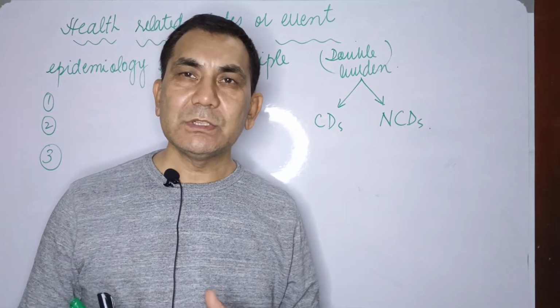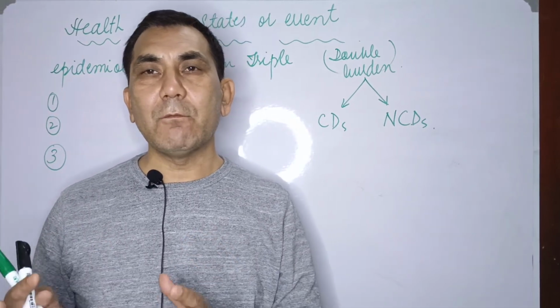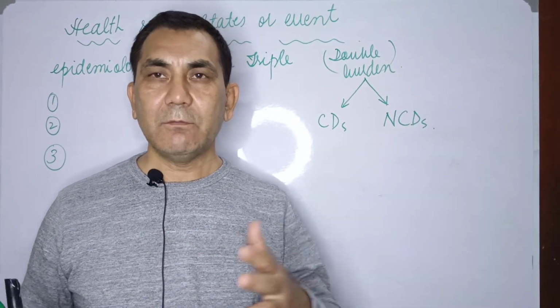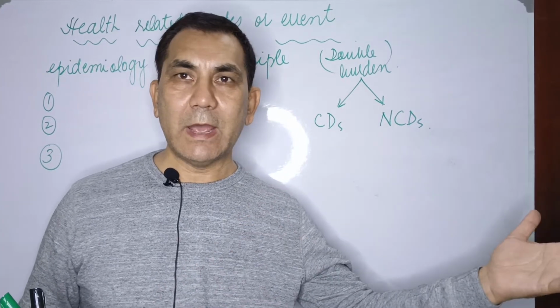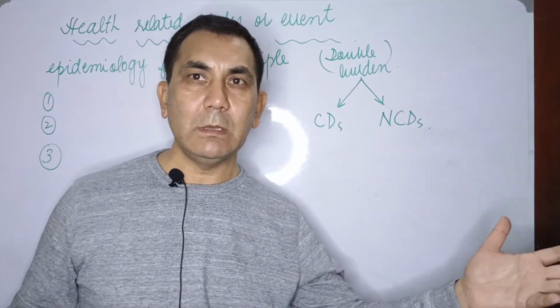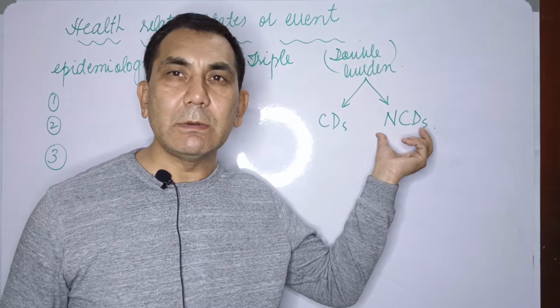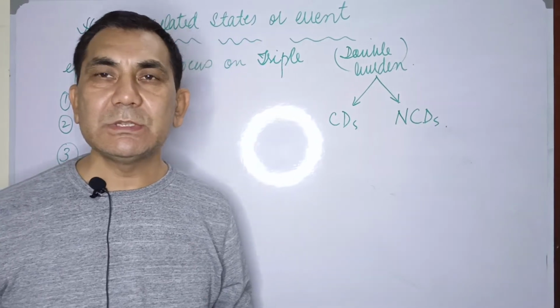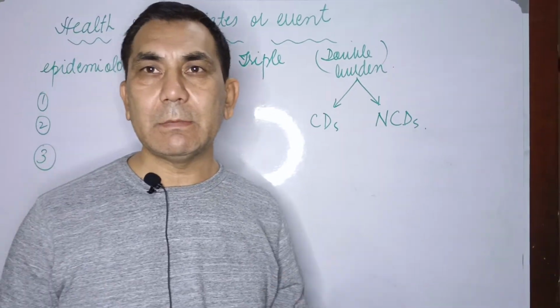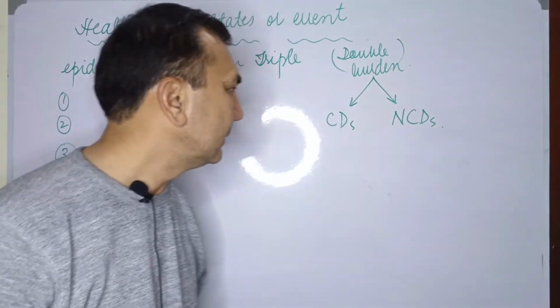Non-communicable diseases are those which cannot be transmitted from one person to another, from human to animal, or from animal to human. Examples are IHD, diabetes mellitus, obesity, and overweight.